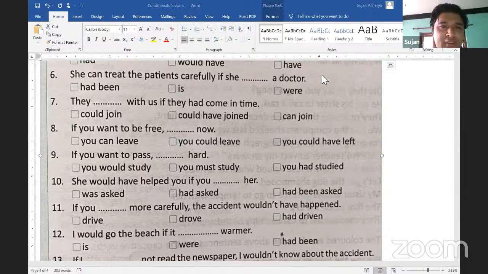She can treat the patients carefully if she is a special doctor. Number 7.